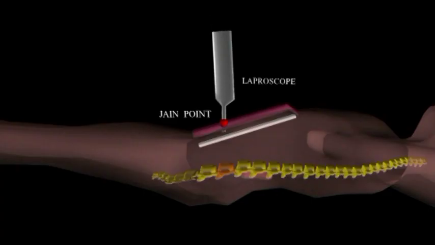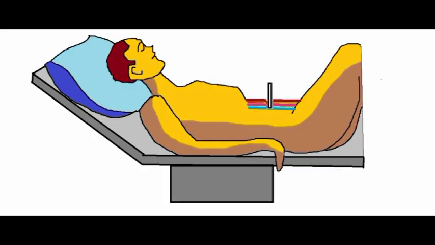Two pops were heard as it crossed the aponeurosis of the external oblique muscle, and the fused aponeurosis of the transverse abdominis muscle and internal oblique muscle. After crossing these points, a resistance is felt as the needle enters the peritoneal cavity. With proper safety precautions, pneumoperitoneum was created and a 5 mm trocar and telescope is inserted.